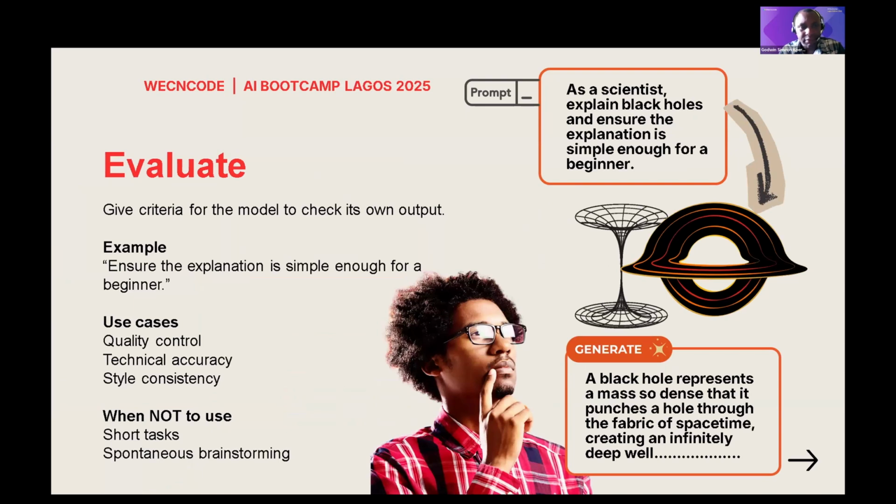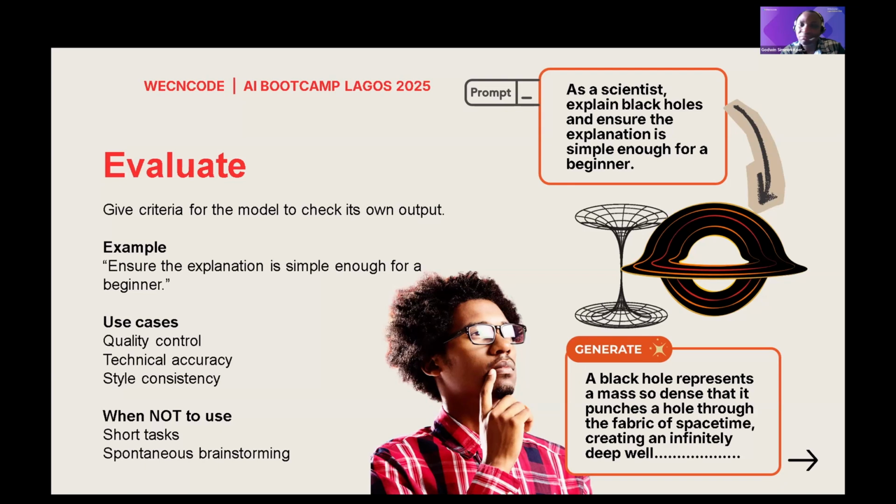Evaluate. Give criteria for the model to check its outputs. Now, when you write your prompts, sometimes you want to give a base for evaluating if the result is correct or not. So, for example, ensure the explanation is simple enough for a beginner.